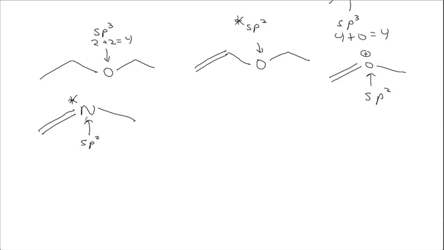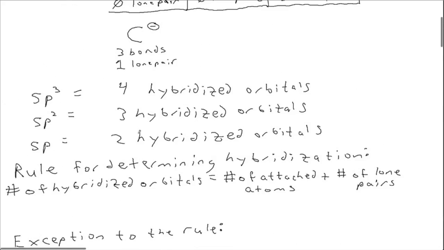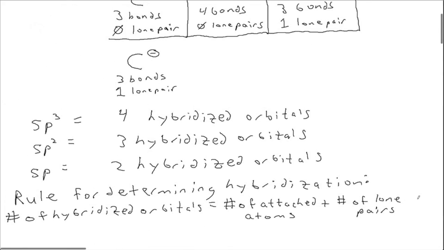So let's review what we've been talking about so far. First of all, how would you describe in words what the rule for hybridization is? It's the number of attached atoms plus the number of lone pairs equals the number of hybridized orbitals.